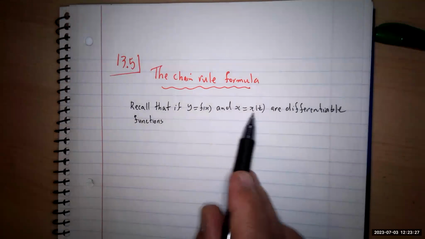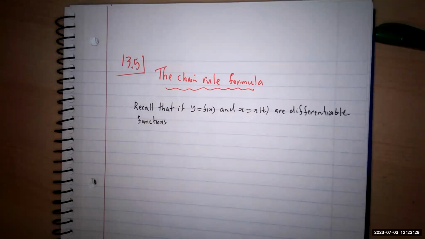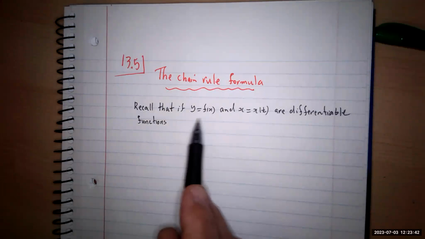So this means that y is going to be differentiable with respect to t, and f is going to be differentiable with respect to x. And of course, as you know, y would also be a function of t.